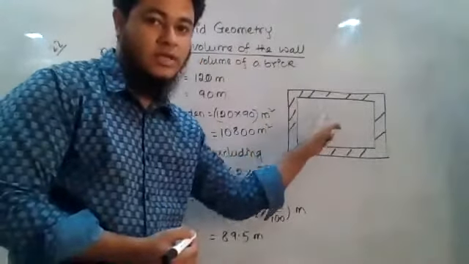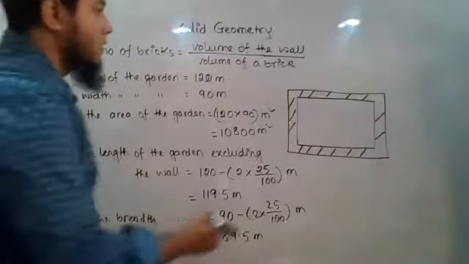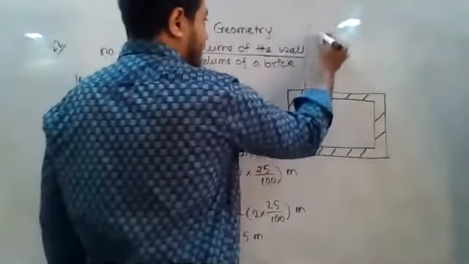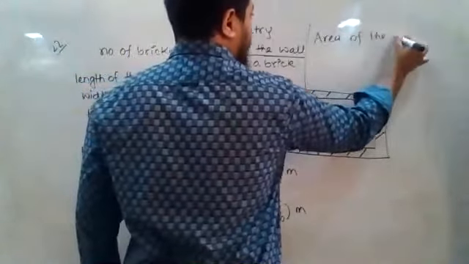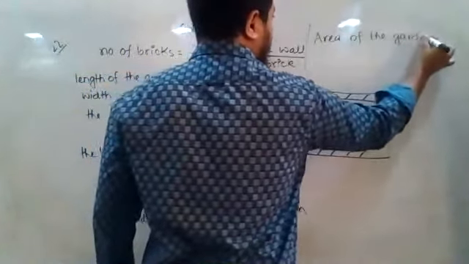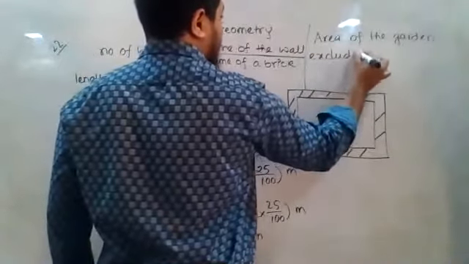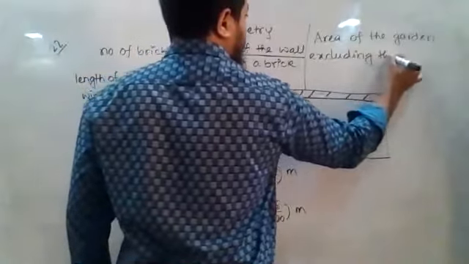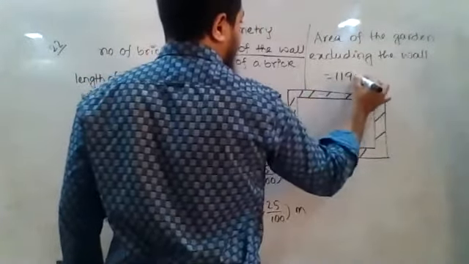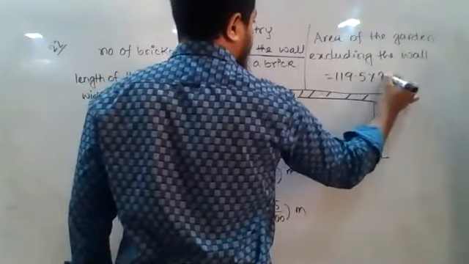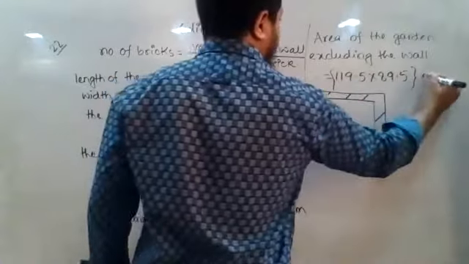So we can calculate the inner area. What will be the inner area? The area of the garden excluding the wall is equal to 119.5 into 89.5 meter square.